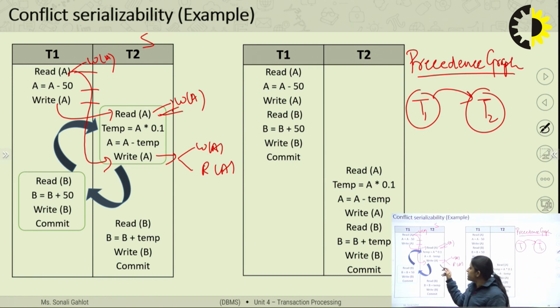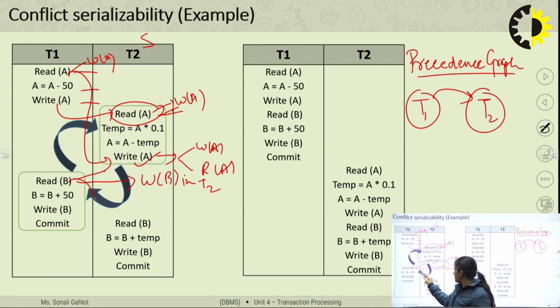Then we check this read A for any conflict pair in T1; there is no conflict. We check write A again; there is no conflict here. So again we start for B. For read B, we check whether there is any conflict pair, that is write B in T2. This is a conflict pair.